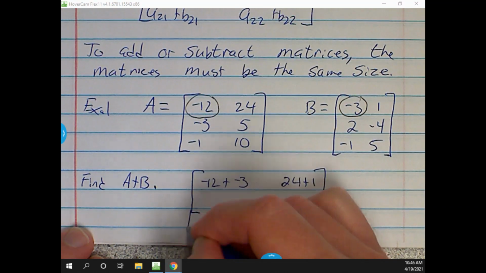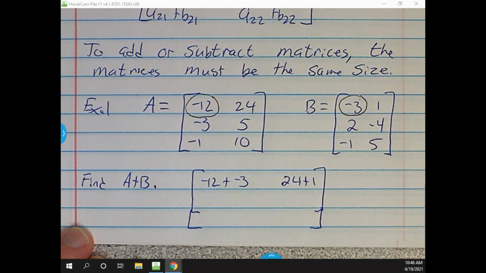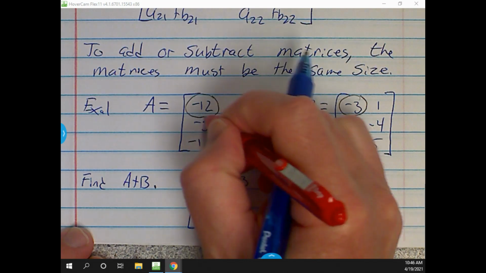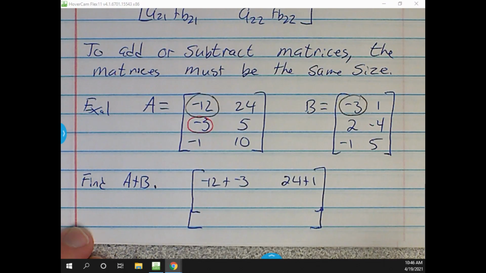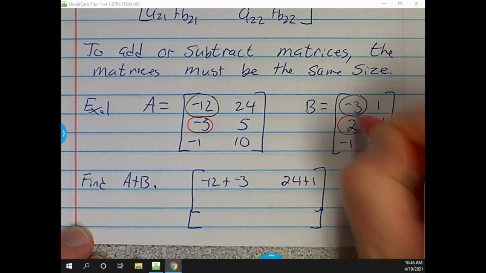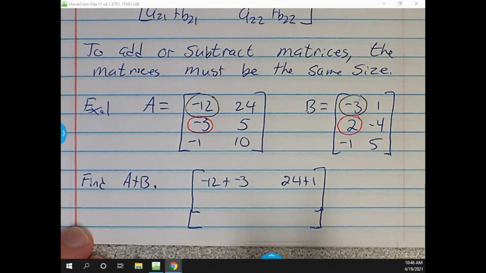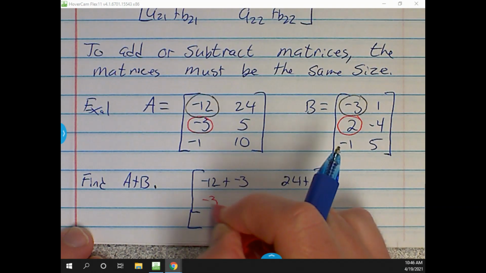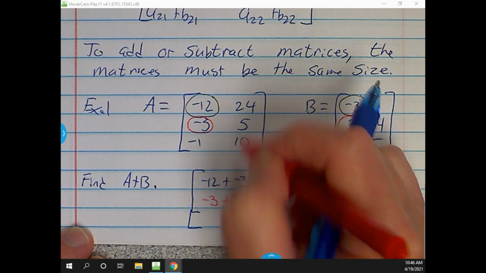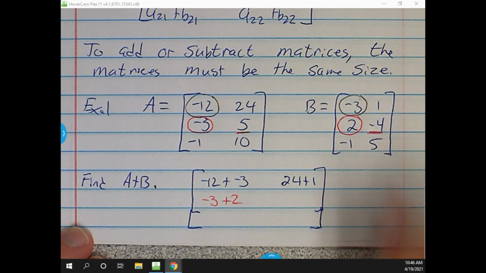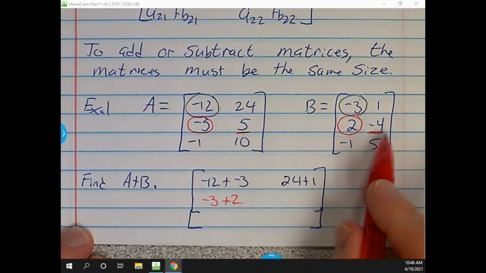Oh, sorry, I didn't go far enough down. Next, on your second row, the first number is -3. Do the same thing there: -3 plus 2. And we'll do the same thing here: 5 plus -4.